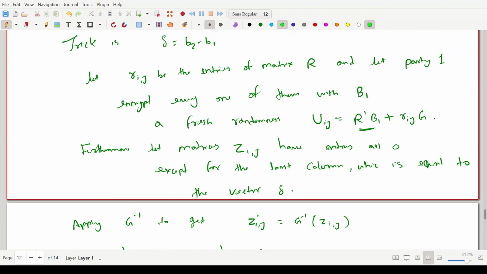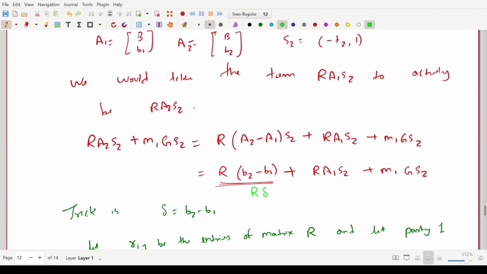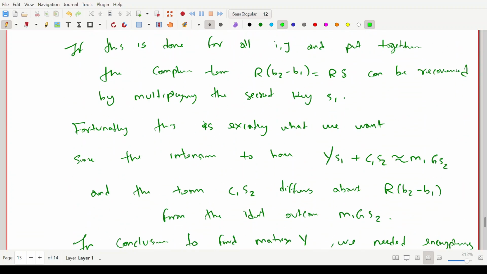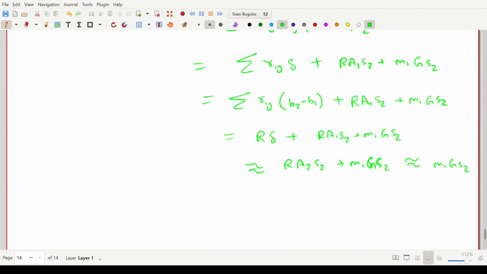Whatever I wanted, I just wrote that and then started. I wanted M1 GS2 with R E2 S2 instead of R E1. Suppose I am having this, then I was having this extra term, R delta. So I wanted to reduce this without giving my secret keys. That means this delta I can find out. I just have to do this technique.